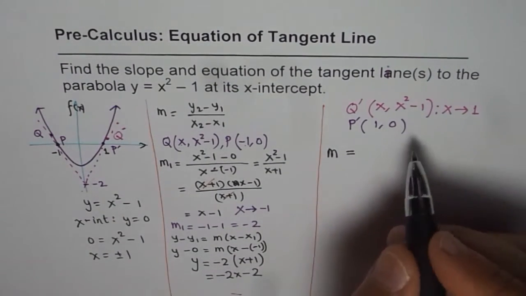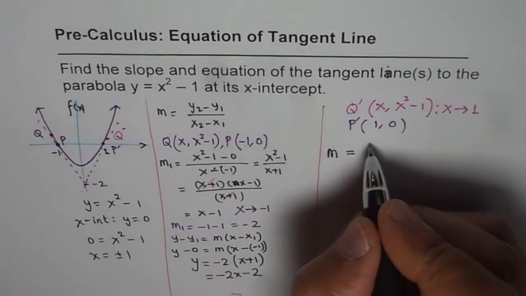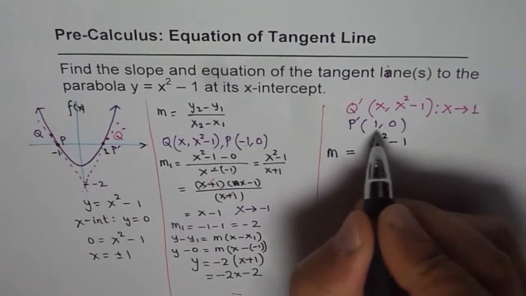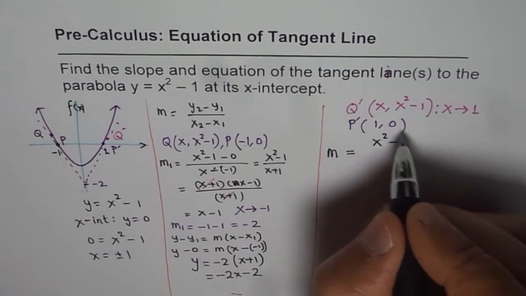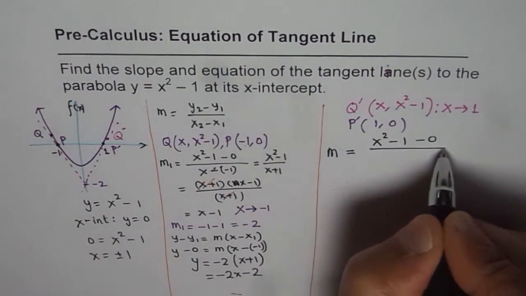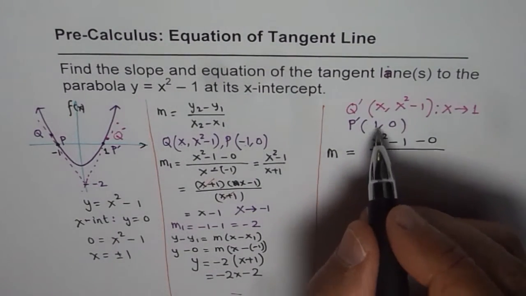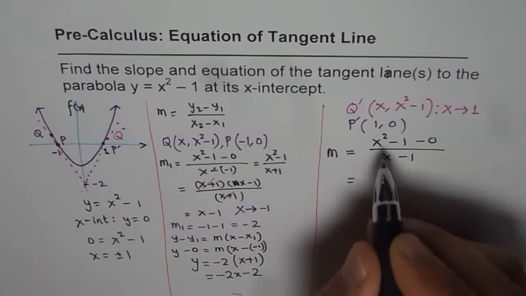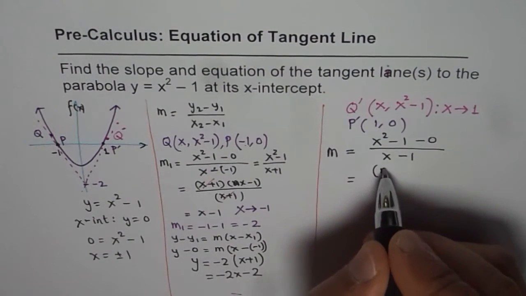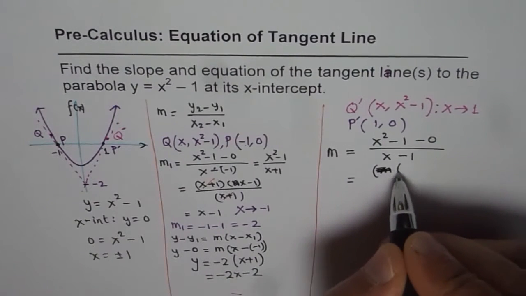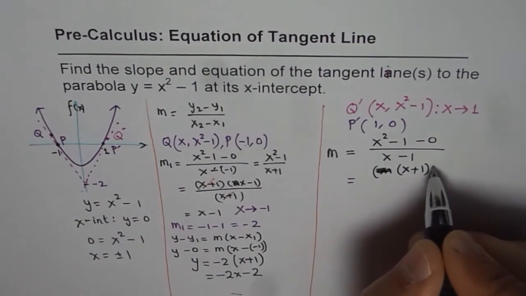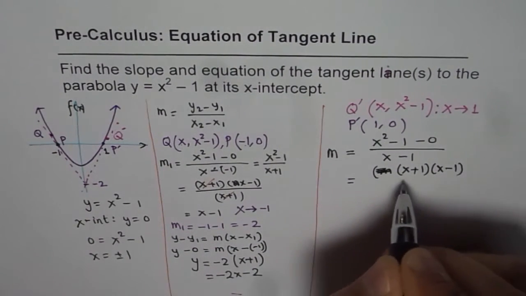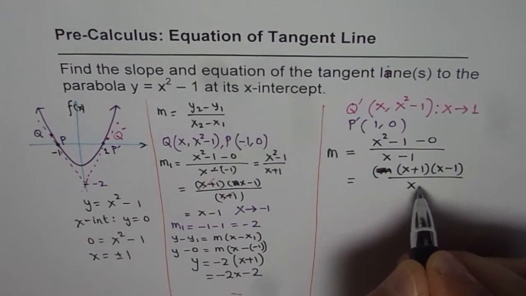Slope is y2 minus y1. So y2 is x square minus 1, minus y1, which is 0, divided by x2 minus x1, which is x minus 1, correct? So that gives us x square minus 1, which I could write as x plus 1 times x minus 1, divided by x minus 1, right?